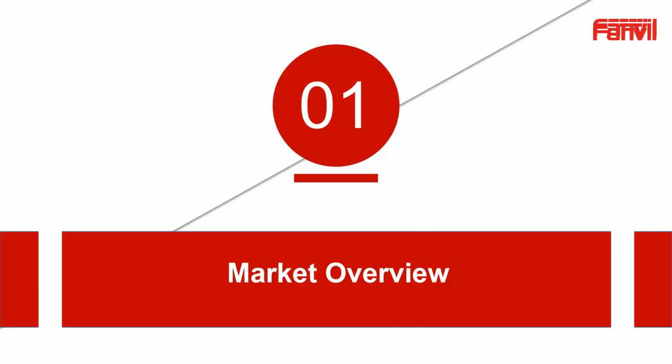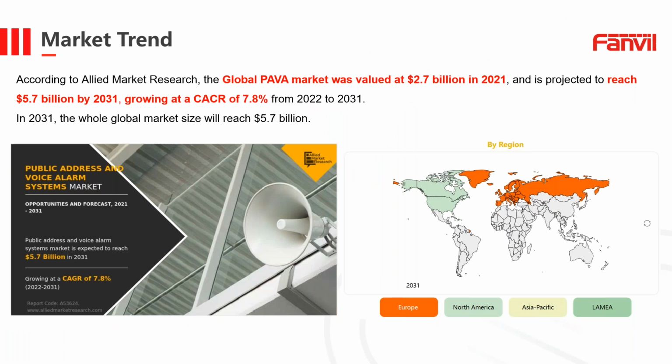So let's begin. The first part is market overview. Before introducing the solution, I'd like to share with you some information about the market trend of the public address and voice alarm market. PAVA means public address and voice alarm.